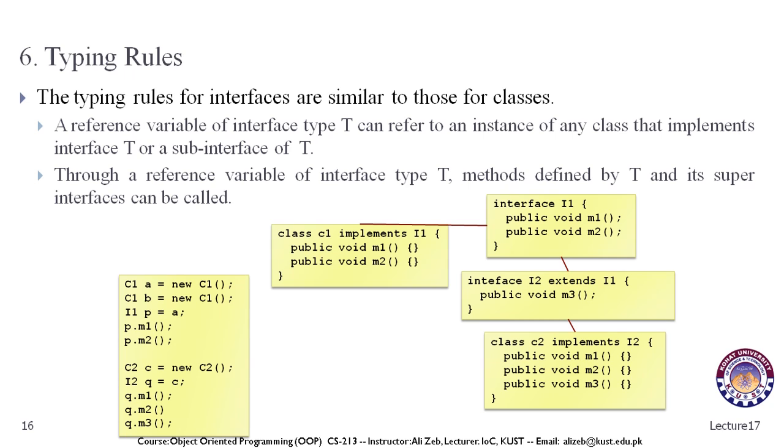Now when we create objects, A is an object of the C1 class, B is an object of the C1 class. What we can do is create a variable, a reference variable, and assign this object of the class that implements this interface to that variable.